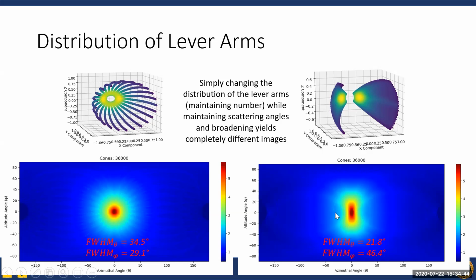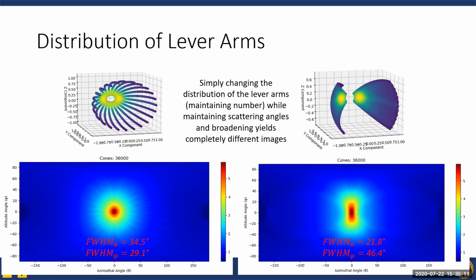And we have them all intersect so that this width is largely due to just the broadening from those cone projections in this area. So lever arm distribution is very important. And of course, this is all simulation. But this absolutely has a real world impact and real world effects when performing experiments or developing imaging systems.